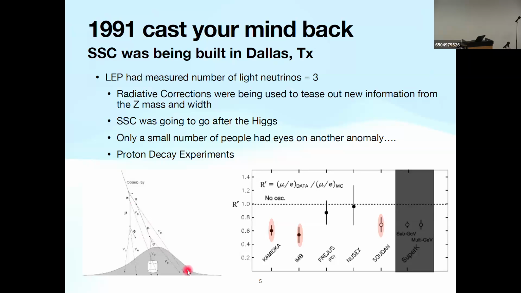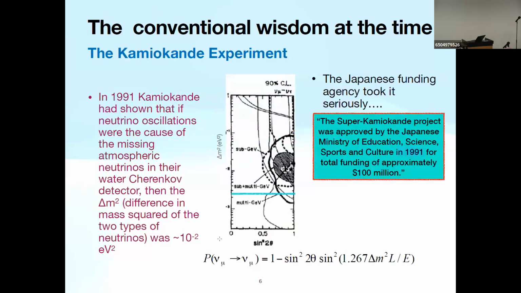This picture is in black and white to remind you of how long ago it was. This one too. This picture is particularly important because Kamiokande took that measurement of the missing muon neutrinos and translated it into the oscillation parameters, assuming this simple 2-flavor oscillation probability.